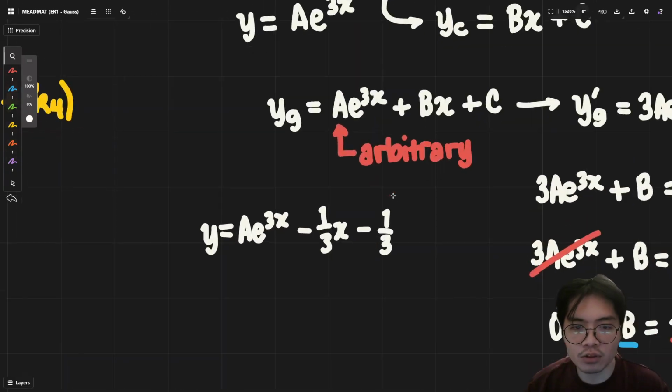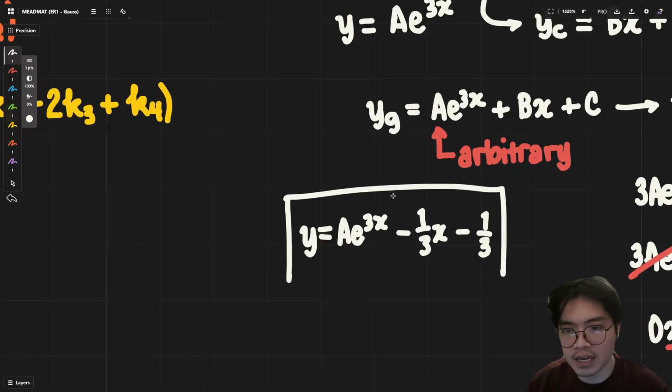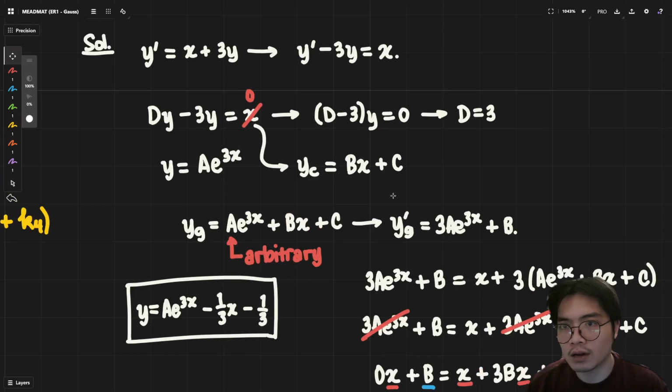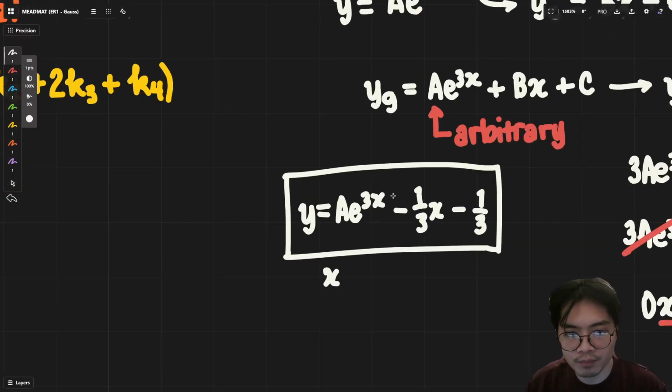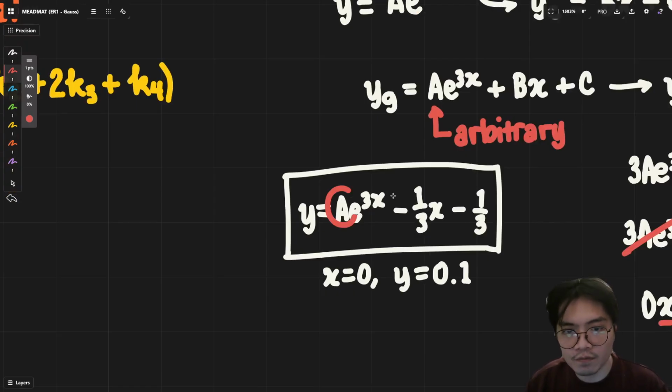Okay, that's going to be your answer. And now we'll plug in our values of x equals 0 and y equals 0.1, so that we find out our value of a.